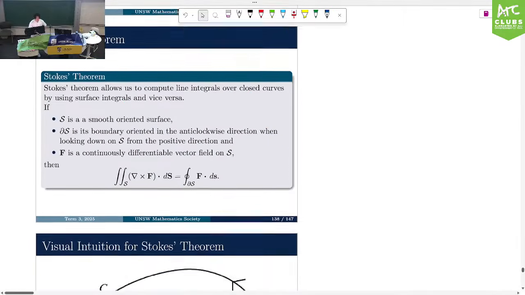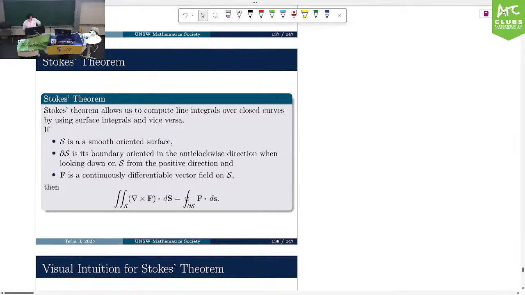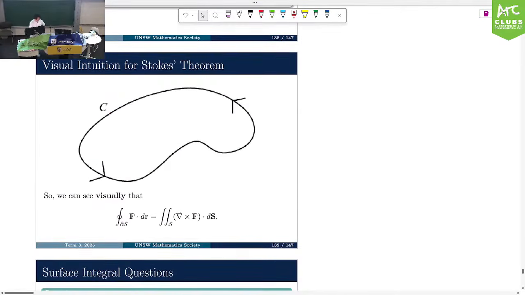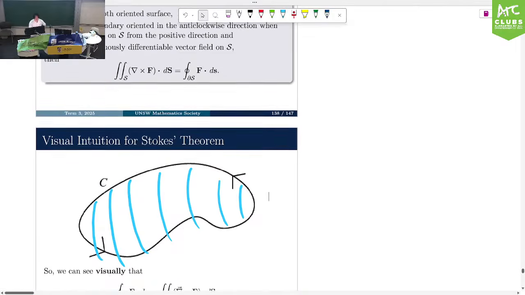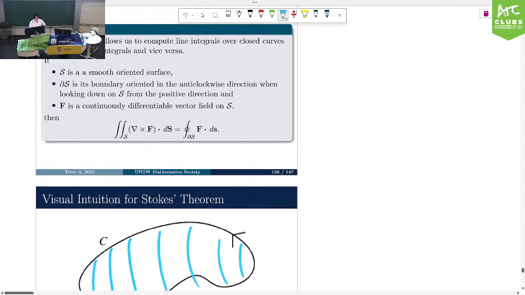OK, so Stokes' theorem is useful in a way because it's the pseudo equivalent of Green's theorem. So if you imagine it's like a 3D shape, and then we have like a 2D encirclement of it, and we try and find what that is, when we try to integrate it, that could be pretty difficult.